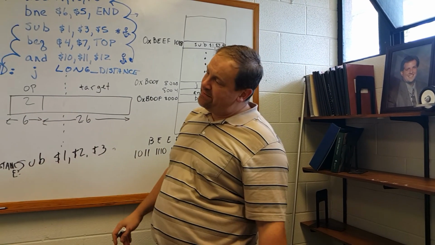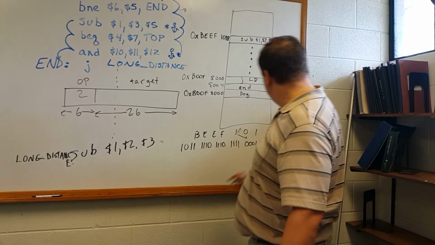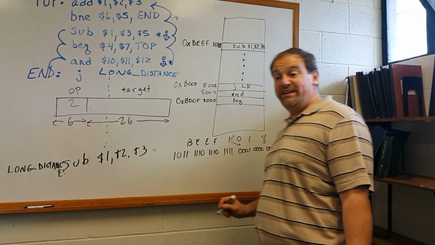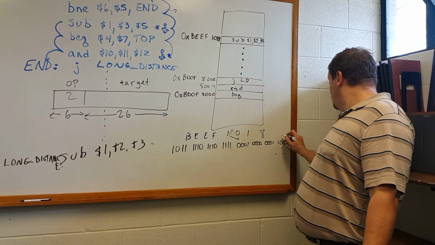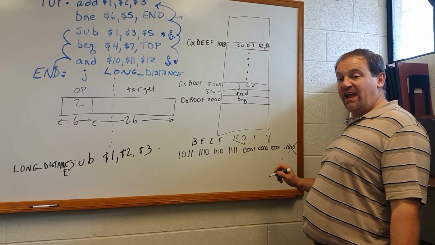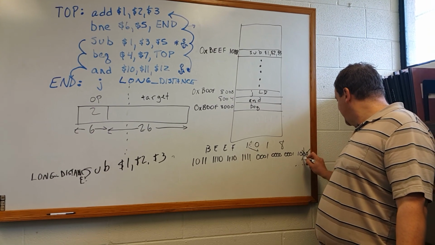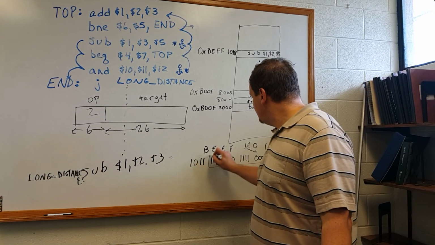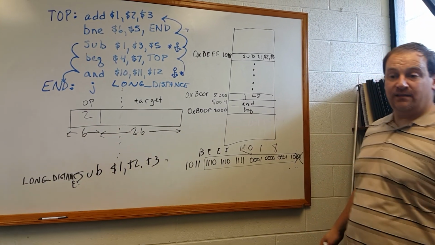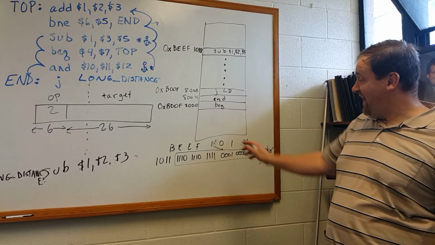But I only have 26 bits, so I have to take the next 26 bits. I don't take the last two because they are superfluous, meaningless, not needed. So 26 bits ends up being this amount. And that's what I encode.